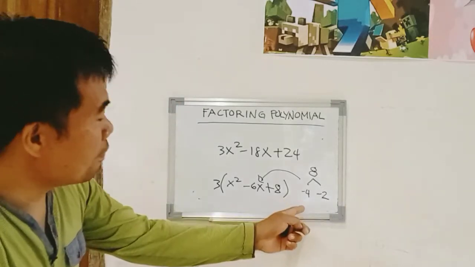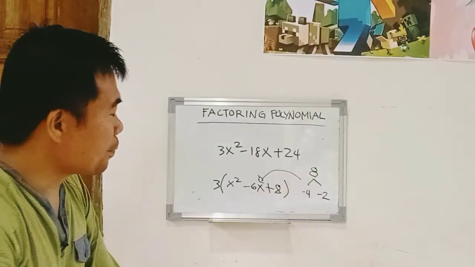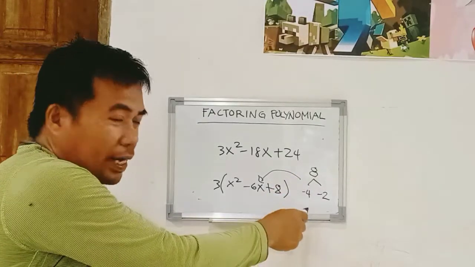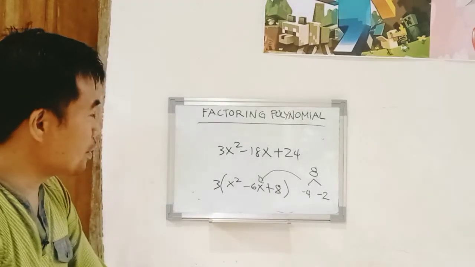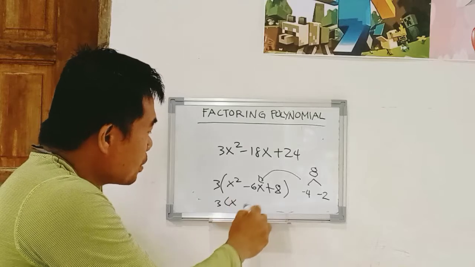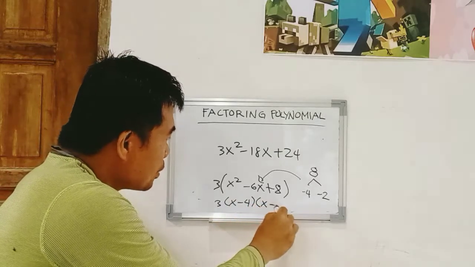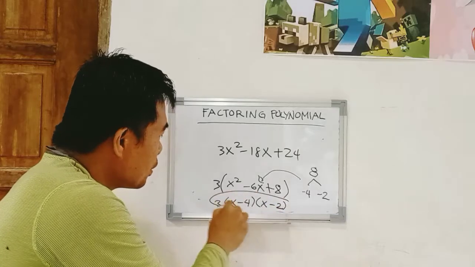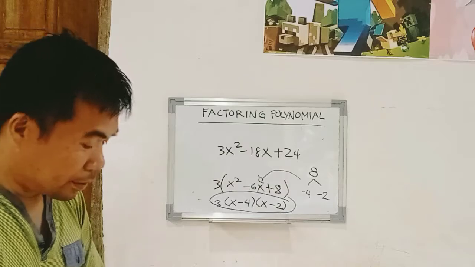Since negative 4 times negative 2 is positive 8, and negative 4 plus negative 2 is equal to negative 6. So therefore, x minus 4 and x minus 2. So this is the factored form for this expression.